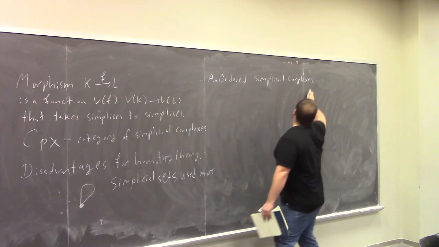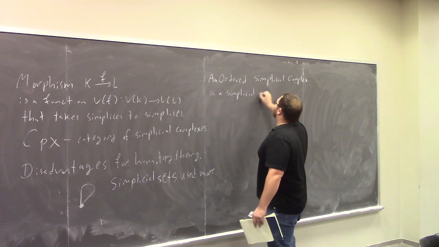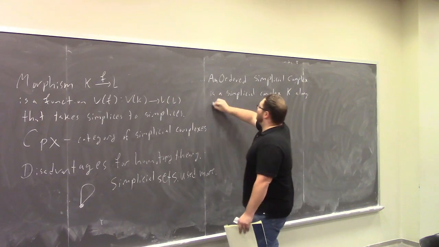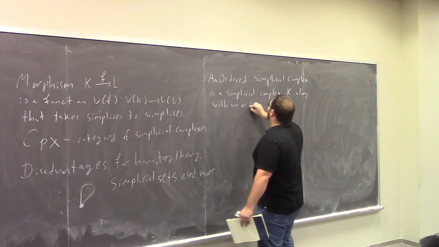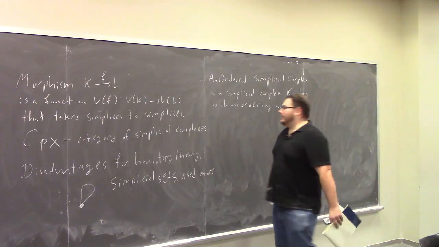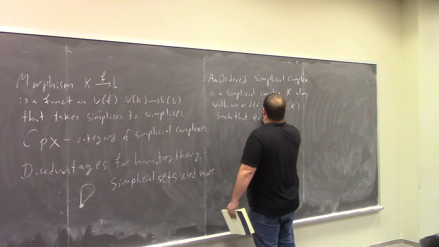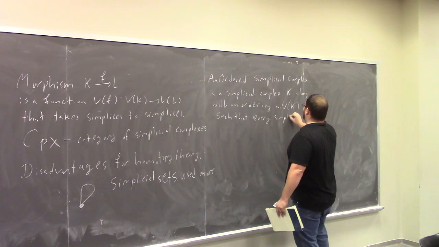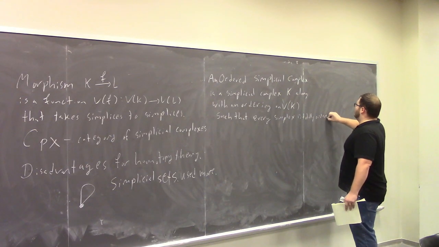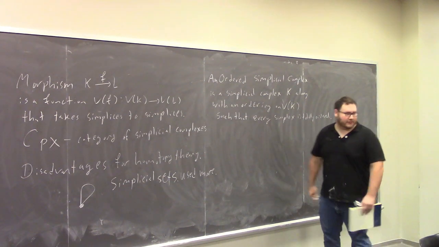An ordered simplicial complex is a simplicial complex K along with an ordering on the set of vertices such that every simplex is totally ordered. So the whole set doesn't have to be totally ordered, but when I restrict to any simplex, it does have to be totally ordered.